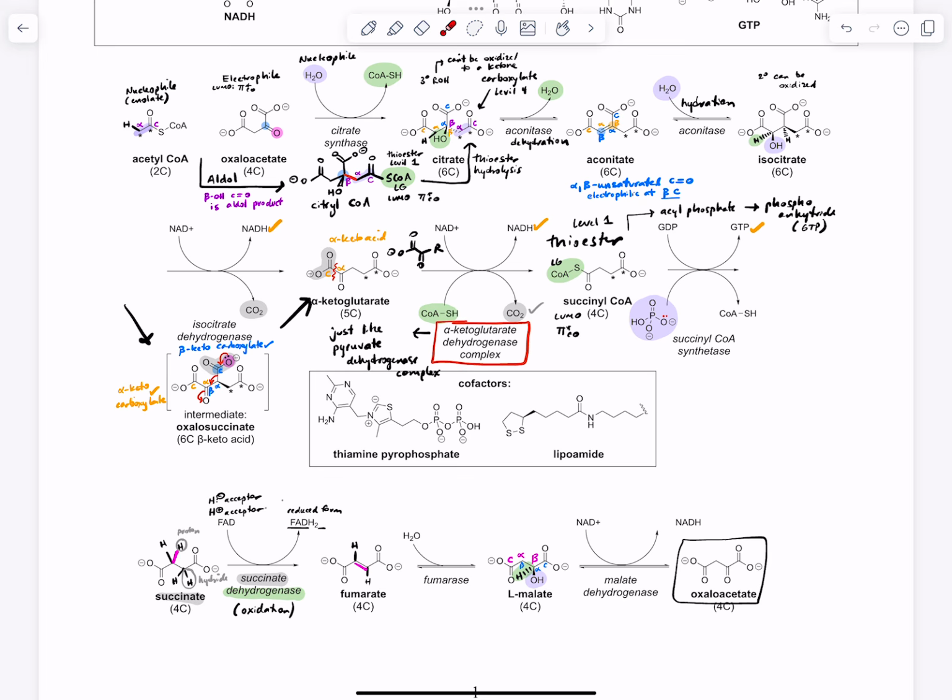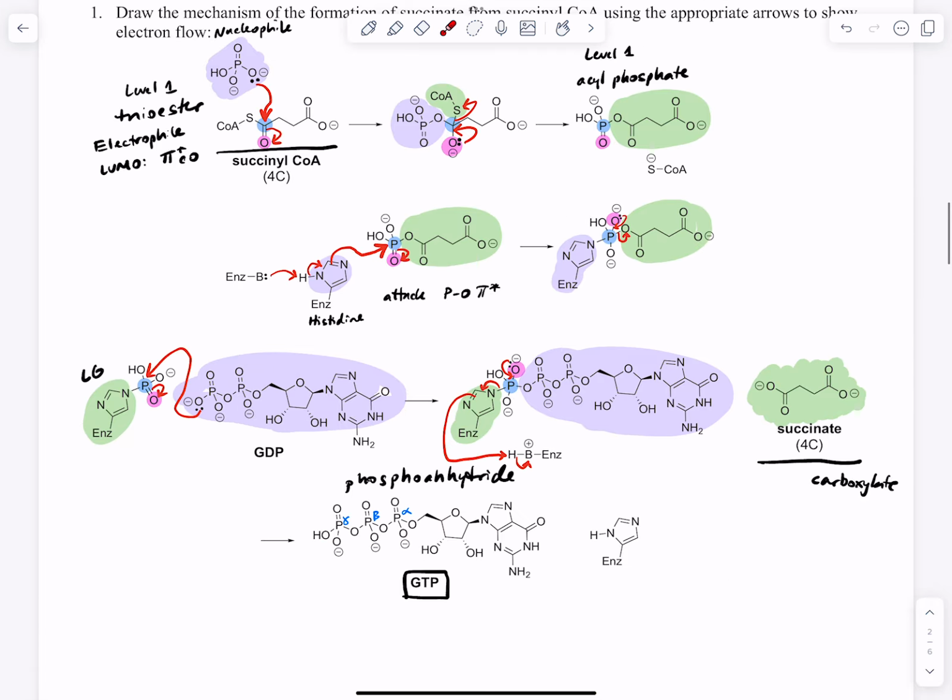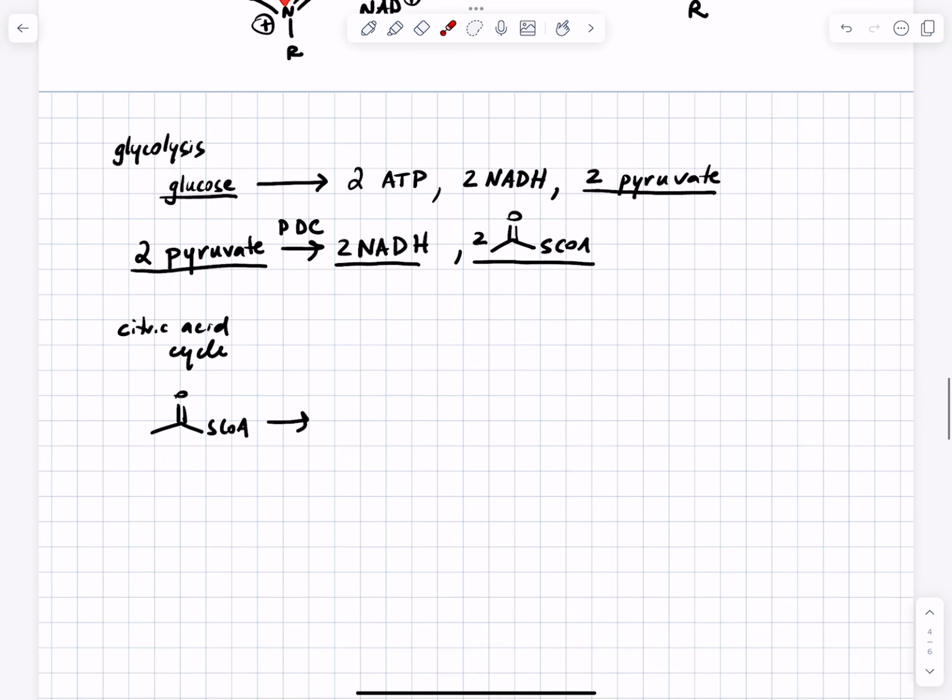You get 1 here in the oxidation of isocitrate to alpha ketoglutarate. You get another here in the oxidative decarboxylation of alpha ketoglutarate. And you get a final NADH here in the oxidation of malate to oxaloacetate. So that's 3, good.